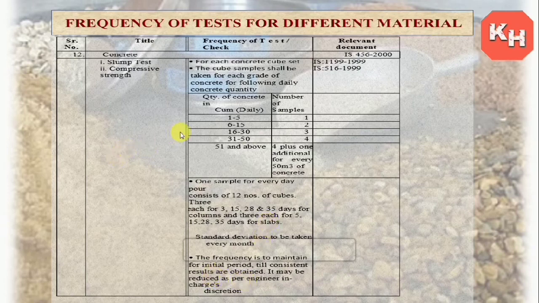Now consider this: whenever we buy concrete from RMC or other source, or from our own batching plant, we have to take a slump test first.